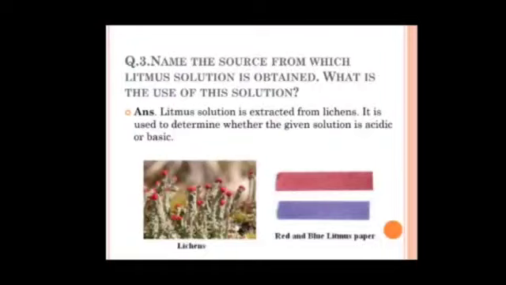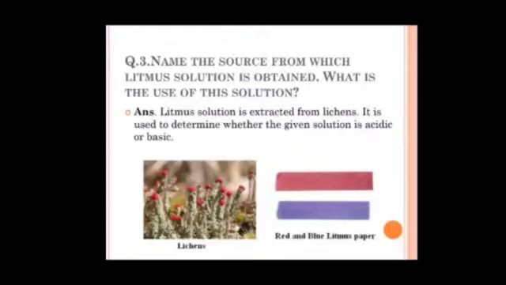Lichen means a simple slow growing plant that forms very small leaf-like, or you can say branching, growth on rocks, walls and trees. So litmus is generally extracted from lichens.